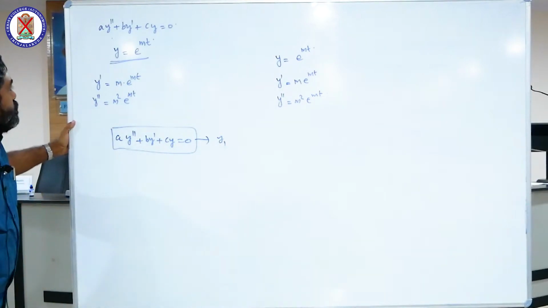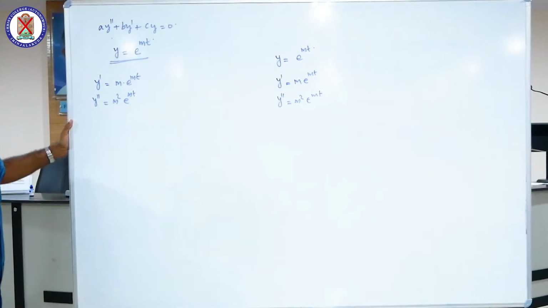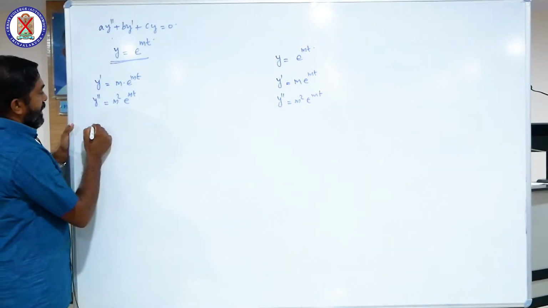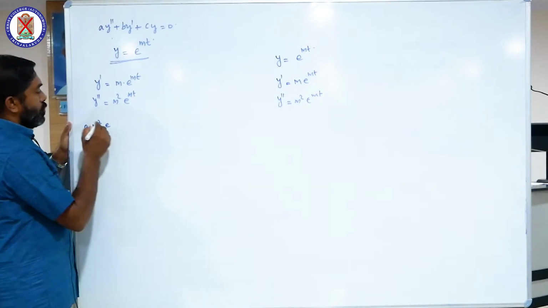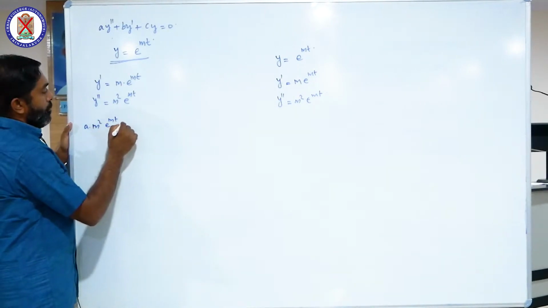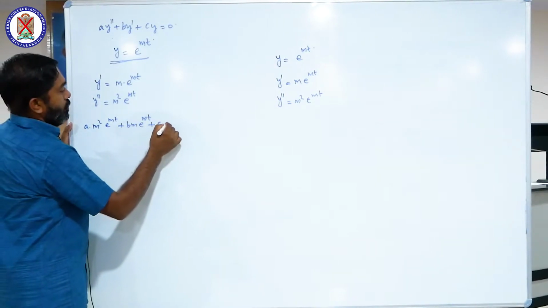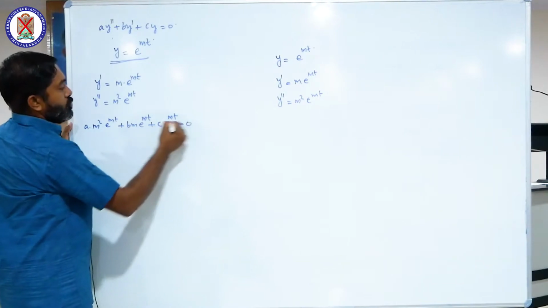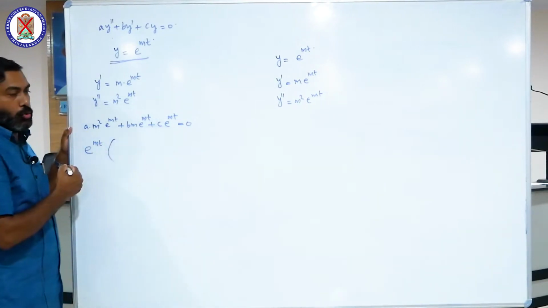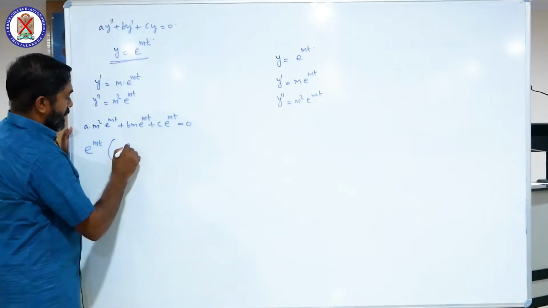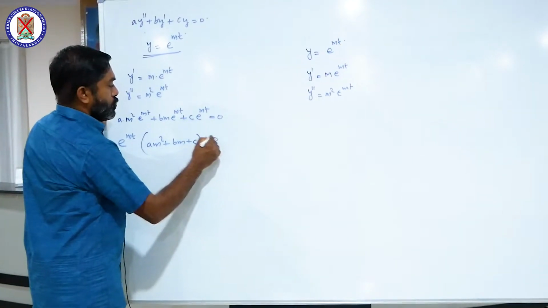Okay, so if we substitute this y, y dash and y double dash in the given differential equation, we get a into m square into e raised to mt plus b into m into e raised to mt plus c into e raised to mt equal to 0. This means e raised to mt into (a m square plus b m plus c) equal to 0.